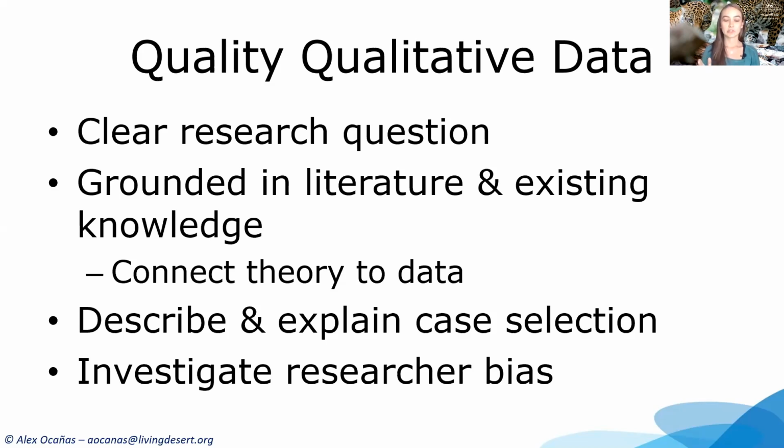So just to clarify with the word bias, that's referring to the ways that data collection or analysis can be distorted or misunderstood or influenced by the researcher's own theory or their own values or their own ideas or preconceptions of what's going on.